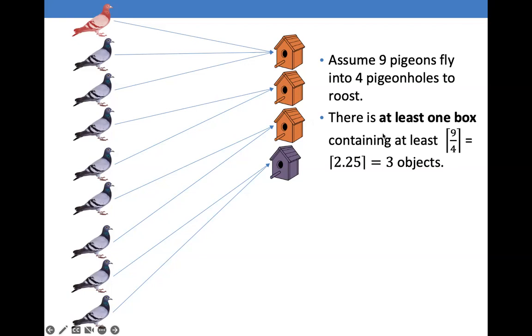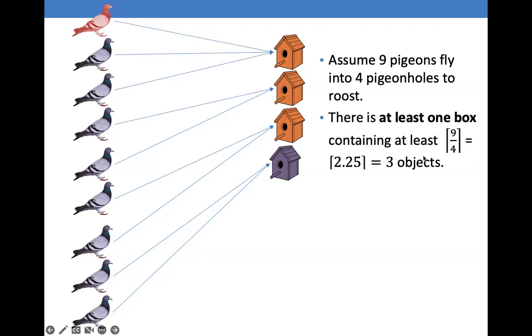Okay, so what we can do is to just use a ceiling property. So wherein we take the ceiling of n over k, or in this case, the ceiling of 9 pigeons divided by the 4 pigeonholes. So that is equivalent to the ceiling of 2.25. And the ceiling of 2.25 is equal to 3 objects.